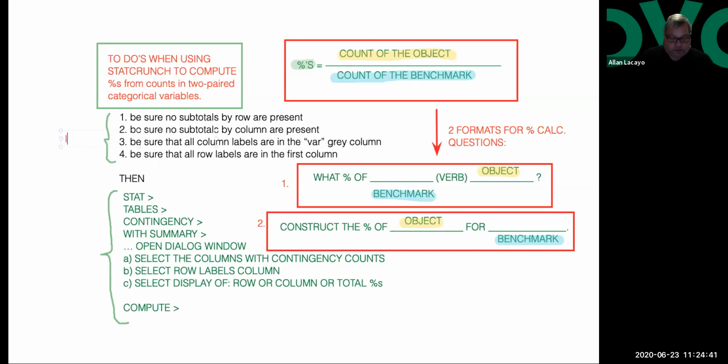So if you have those 4 preconditions, then you can use StatCrunch to calculate through this procedure any percentage for any question or for any command in any of the Lab 2, Quiz 2, or Exam 1 that you need. And I hope this board work helps with that process.